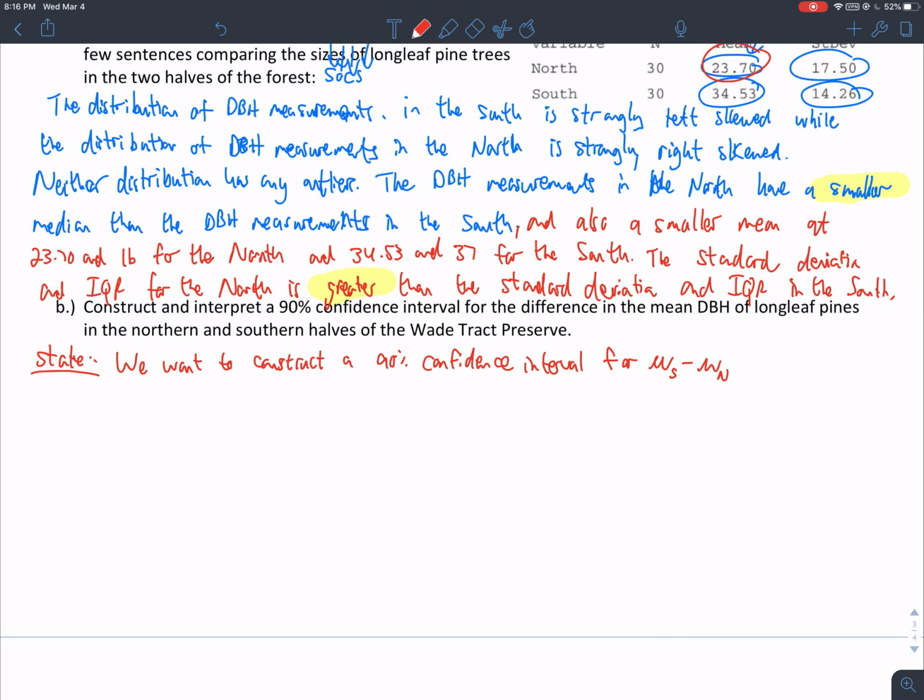Okay, where now we have to define stuff again, where mu sub s is the true or population mean diameter at breast height dBH of all trees in the south of the forest, or southern half, I guess is more precise, of the forest.